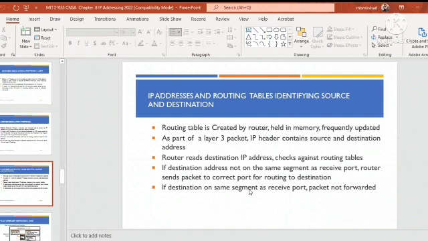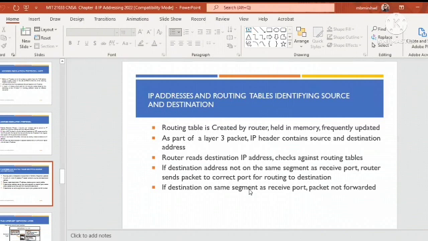This is my IP address. This is my network ID. Something like that it will broadcast. So the neighboring routers, the nearby routers, will listen to the broadcast message and update their own tables. So all the routers will talk to each other. That is the way.